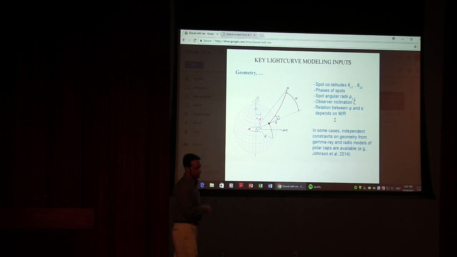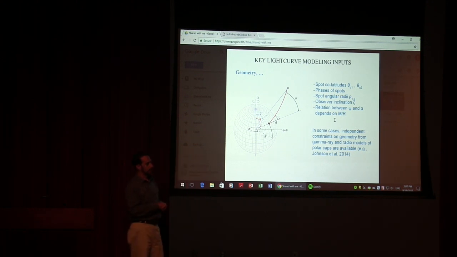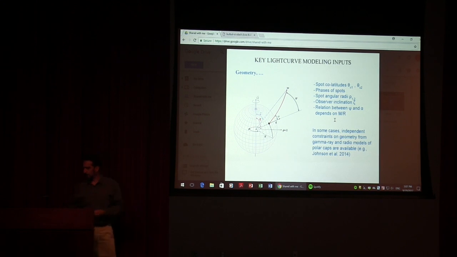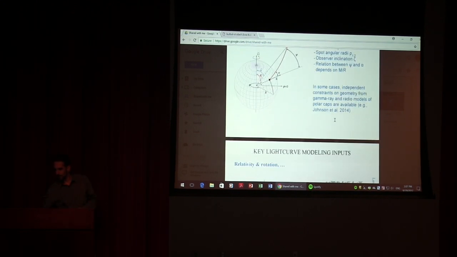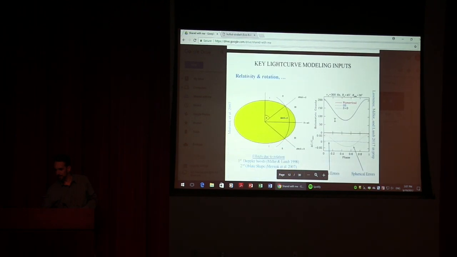This is something that we try to get for rotation powered pulsars from radio polarization measurements and also by fitting gamma ray light curves. We have a pretty good idea for our key targets what their geometries are, but that is independent information that we use when it's available.